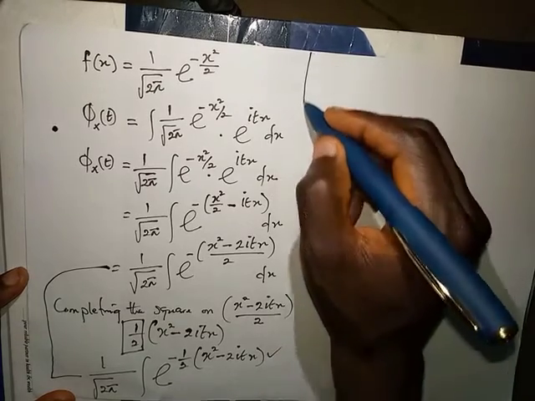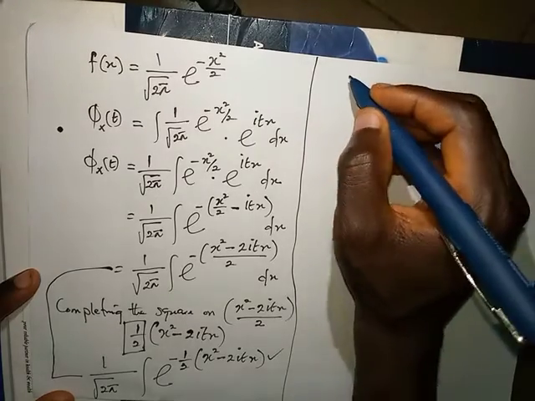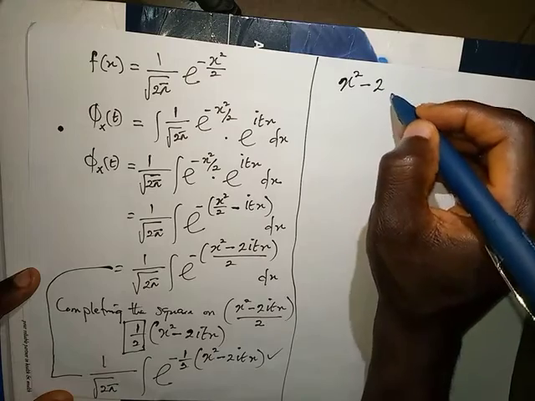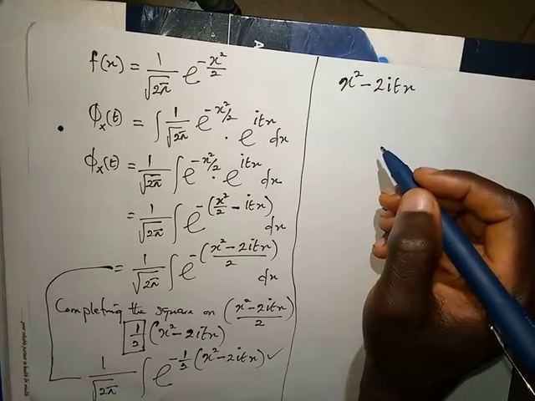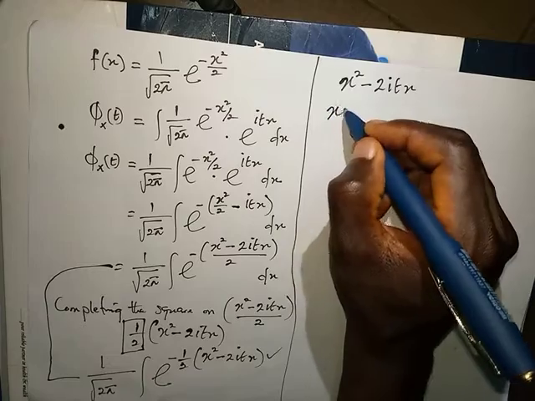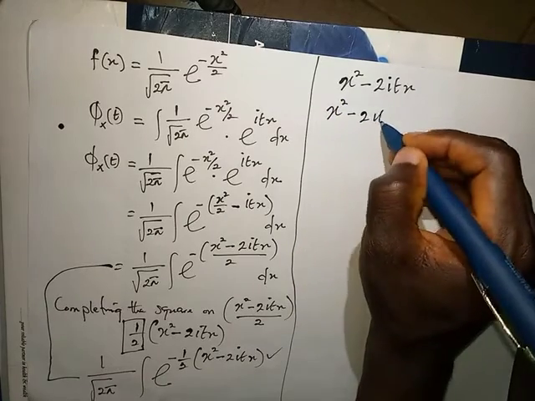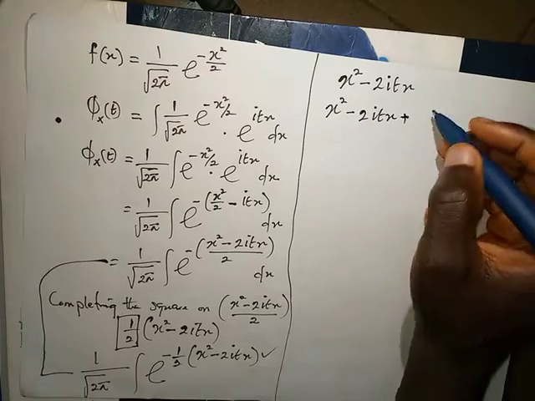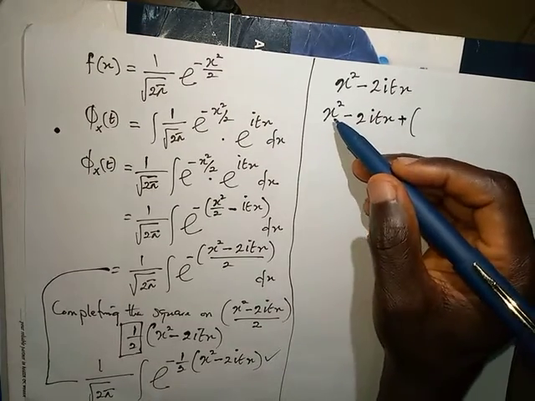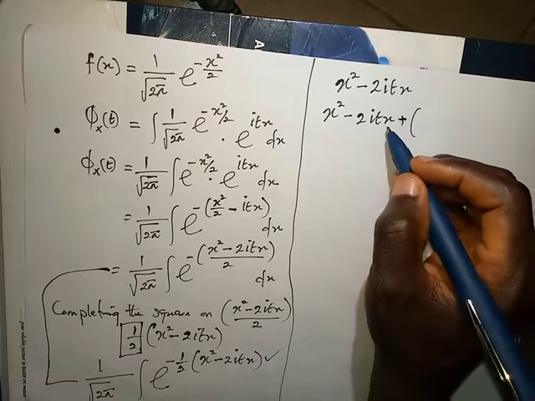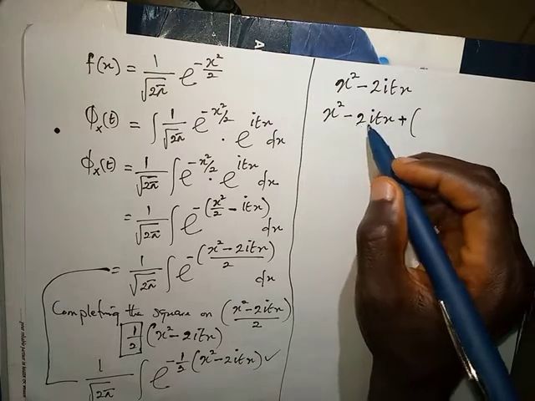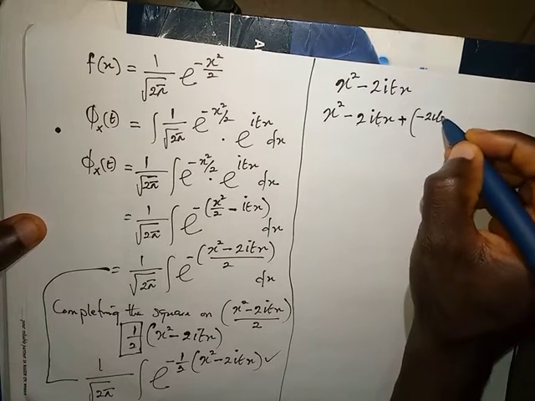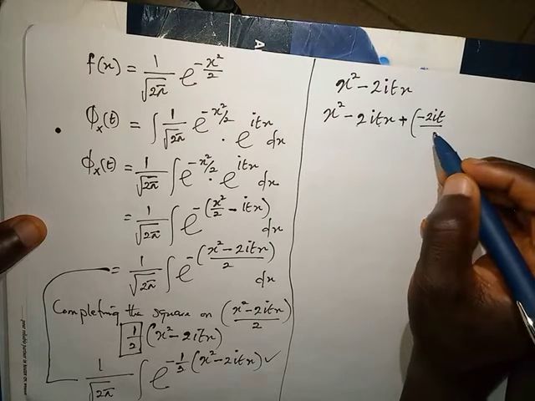We have x squared minus 2 i t x, then plus into bracket, x is the variable here, so the coefficient of x here is minus 2 i t.